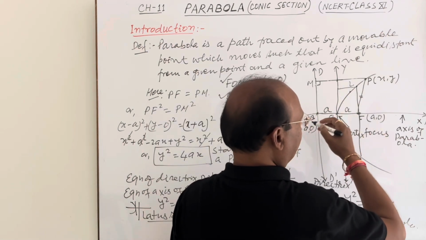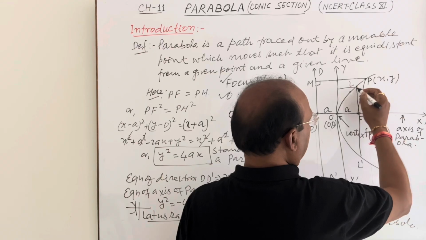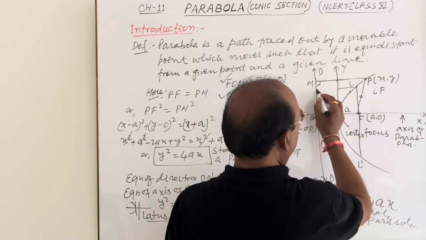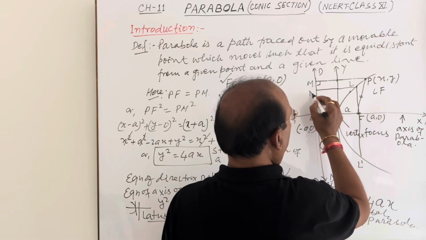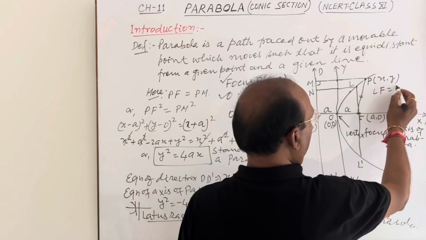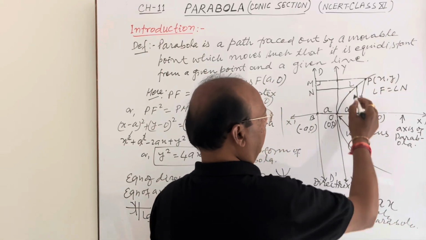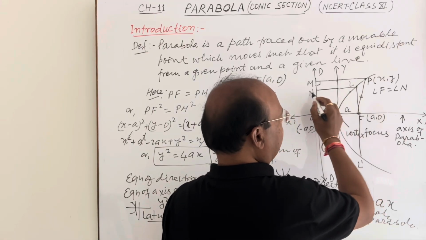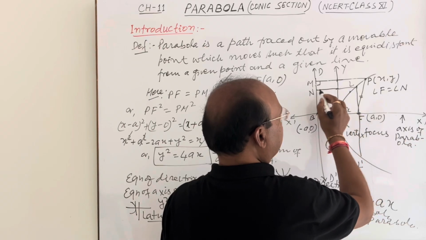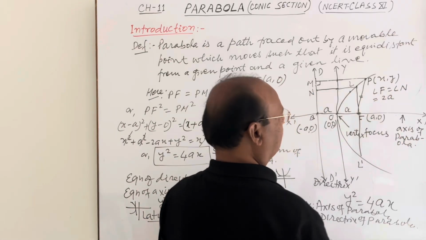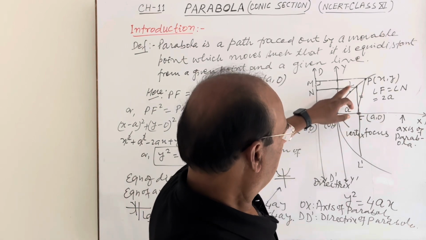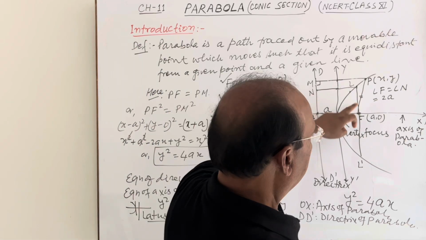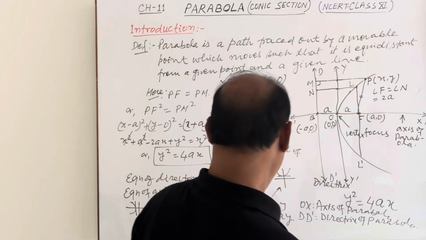So as per the definition of the parabola, we can write that distance LF is equal to distance LN. And LN is how much? a plus a, that is 2a.